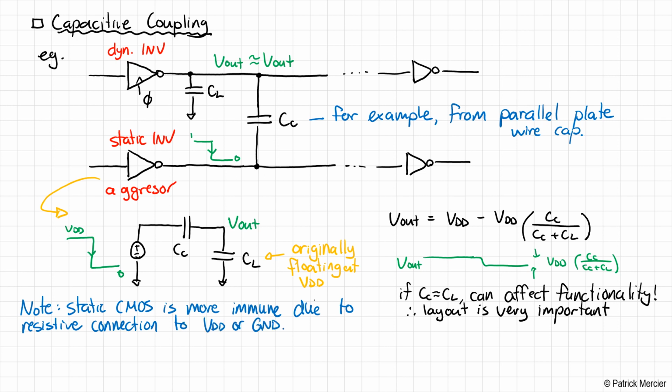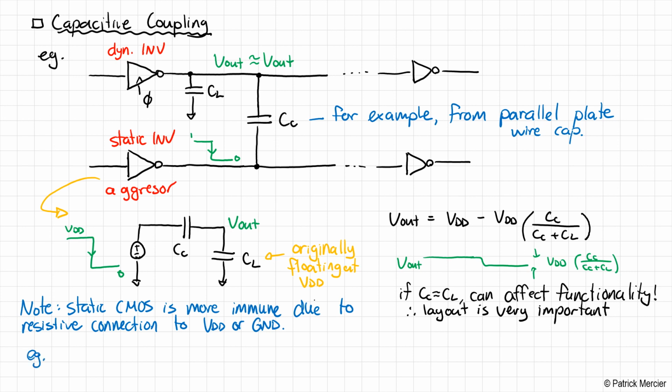So the reason why dynamic logic is so affected by this is because the output is just floating there in the evaluate phase if it's set at VDD. If the output is at ground, it's being strongly held down by a pull down network, so this actually isn't a problem. But in static CMOS, that's always the case.